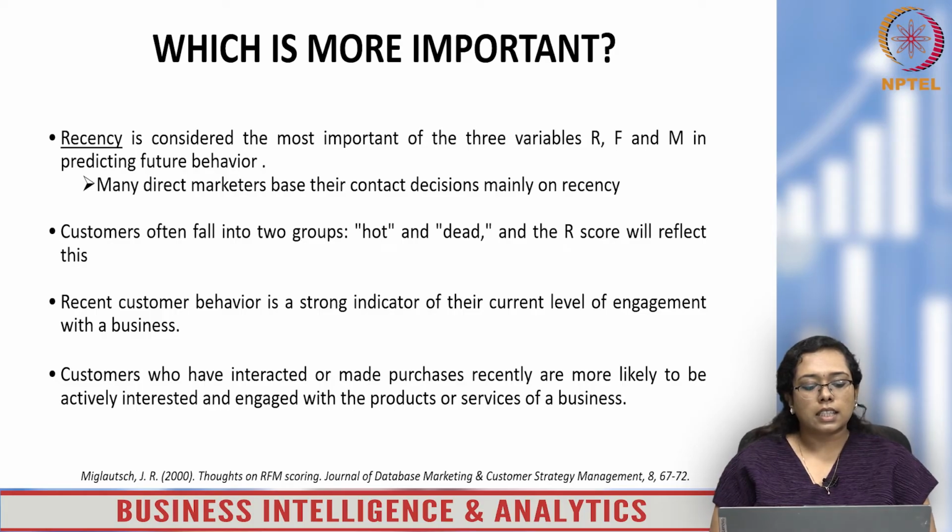So recent customer behavior is a strong indicator of the current level of engagement with the business. The recency score or the R score is a very good indicator of how currently they are engaging with the business.